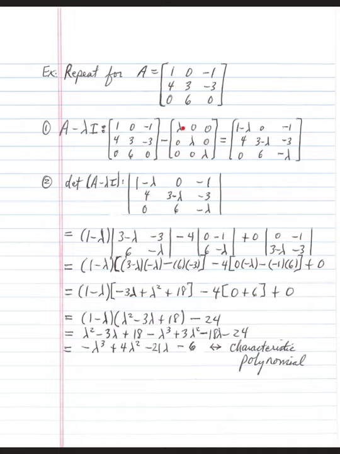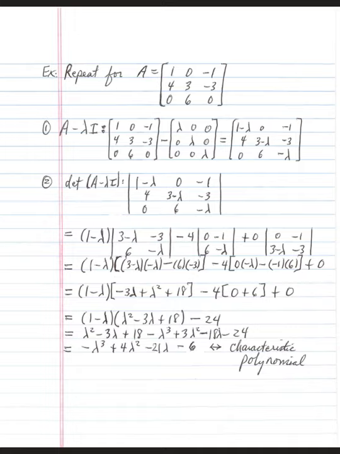We'll just put lambdas on the main diagonal, zeros everywhere else. Subtract based on location, 1 minus lambda, 3 minus lambda, 0 minus lambda, and then all the other entries will stay the same because we have a whole slew of zeros in that identity matrix.